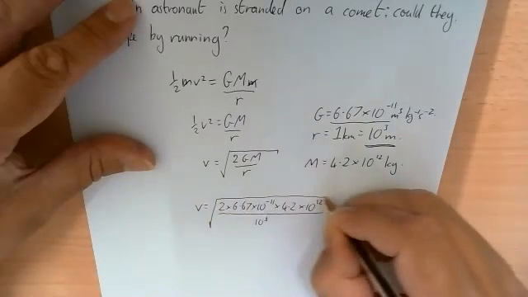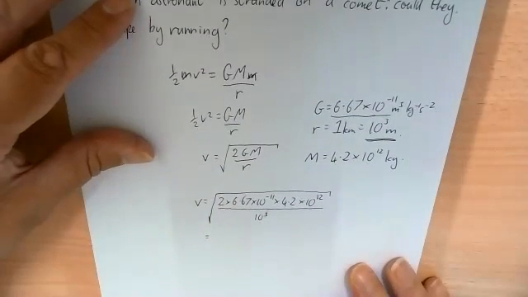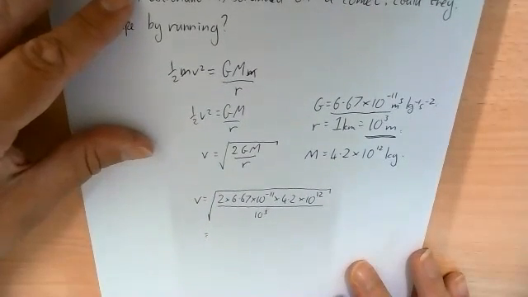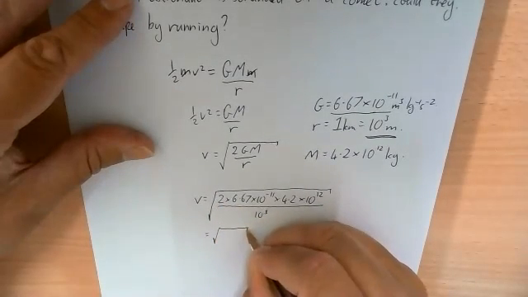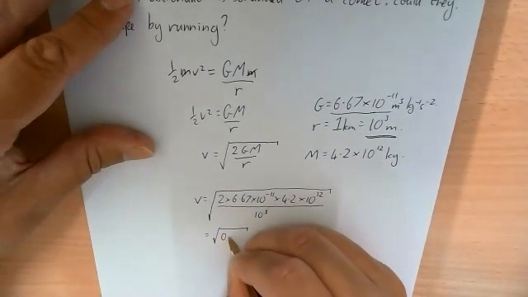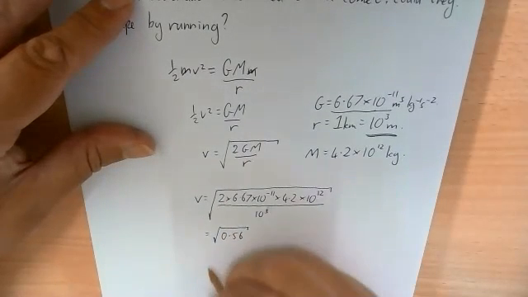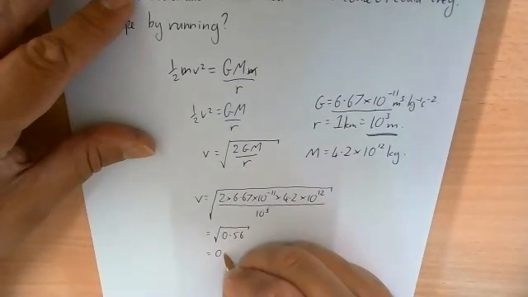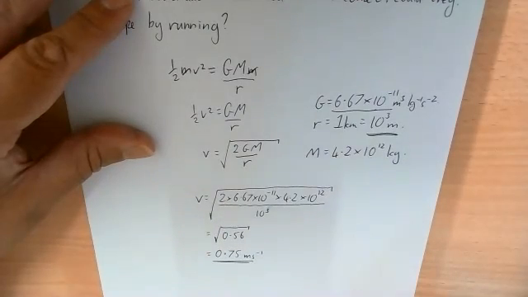And true to form, I've always said that you need to do your calculations carefully. You should calculate the bit that's inside the square root first, because it makes it less prone to mistakes. When I did it, we worked it out to be about 0.56, square rooted, which is about 0.75 meters per second.